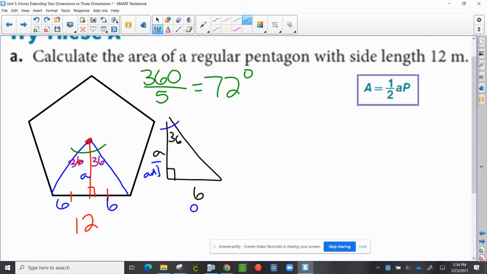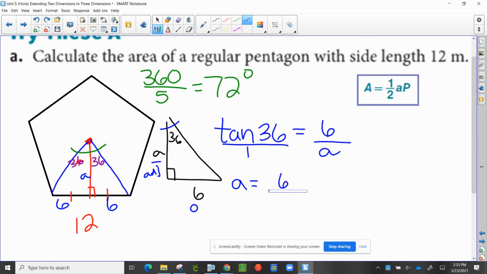Well, which trig function uses opposite and adjacent? It's tangent. It's our TOA. So our tangent of 36 is equal to our opposite side, 6, over our adjacent side, A. Now you can rearrange this formula to solve for A. Remember, you can think of that as tangent over 1. But A should be equal to 6 divided by the tangent of 36.